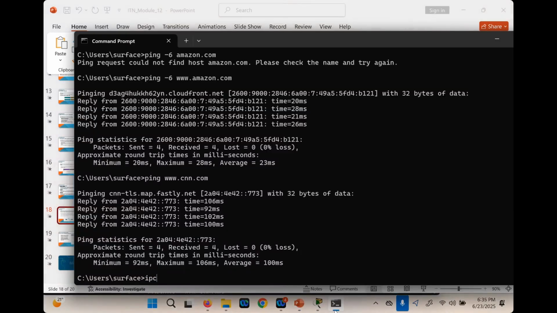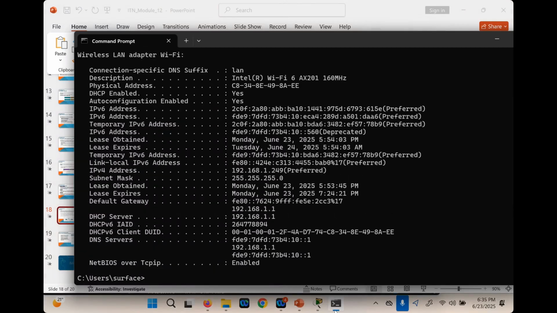So I'll say ipconfig /all. So where is my link local address? FE80, look at it here. Look at my link local address here. Nobody gave my computer this IPv6 address. It automatically generated it. Once you say IPv6 should be activated on that interface, it will automatically generate.